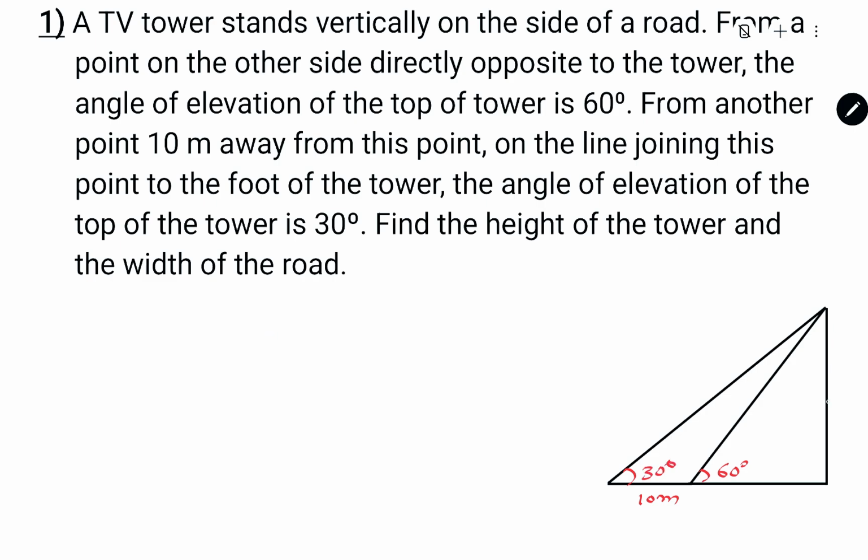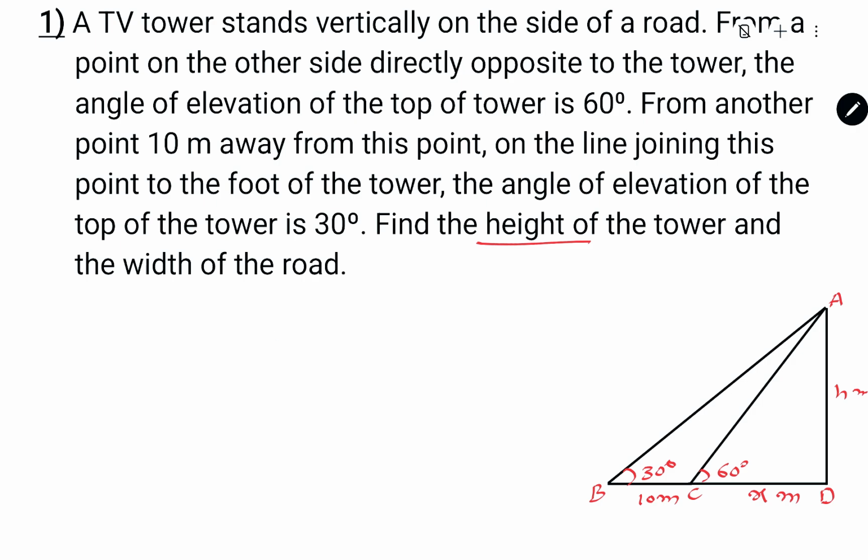Write the names of vertices now. Here we need to find height of the tower h, and here width of the road CD. We assume x meters. Here h meters.